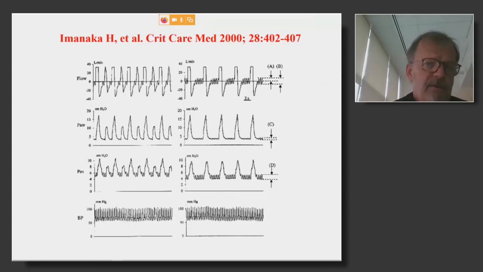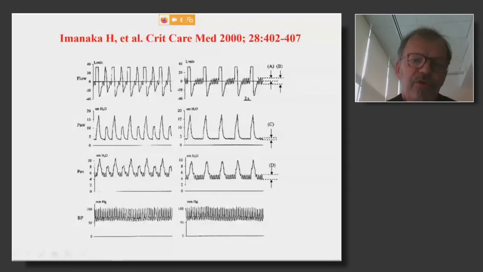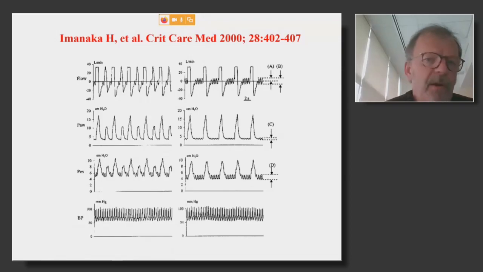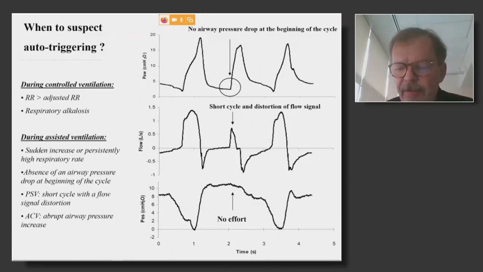For instance, it may be leaks, or in this nice example, when you look at the tracings, it was simply the cardiac oscillations. The cardiac oscillations of these patients were strong, and they were sufficient to trigger the ventilator. So this may be something you should think about when your patient is hyperventilated. The leaks are very frequent during non-invasive ventilation, as you can understand, and the ventilators have developed mechanisms to try to address this.